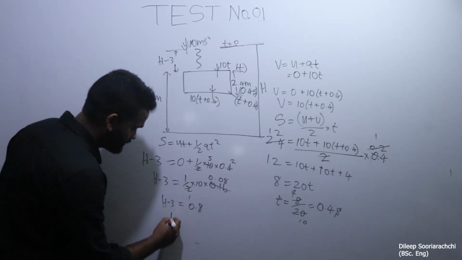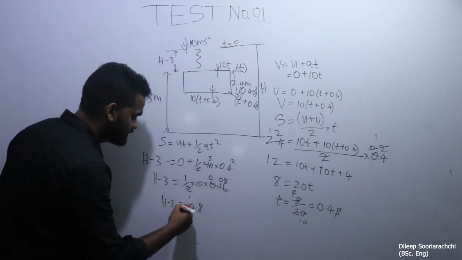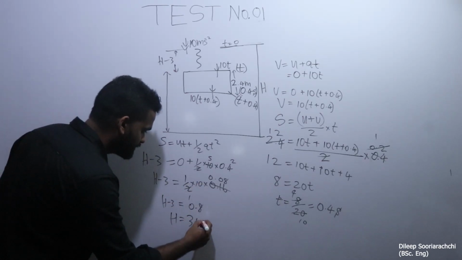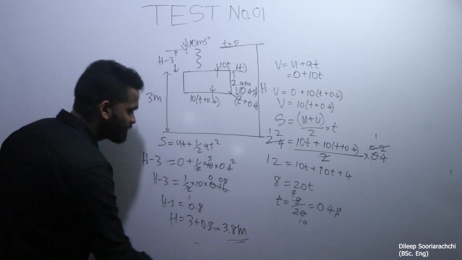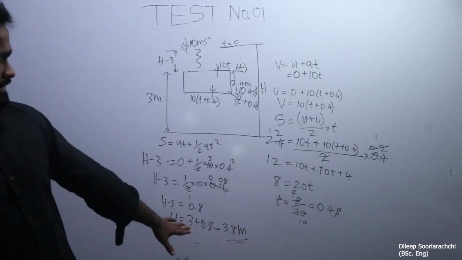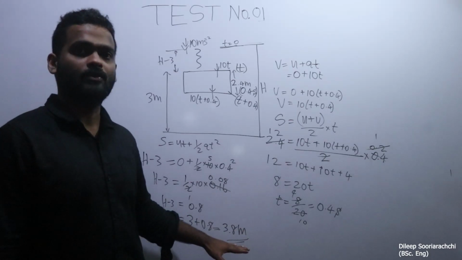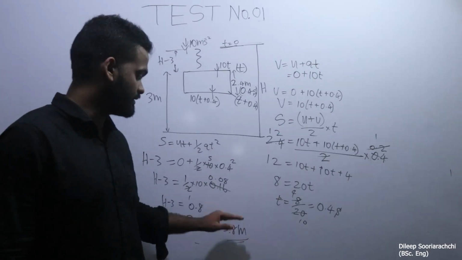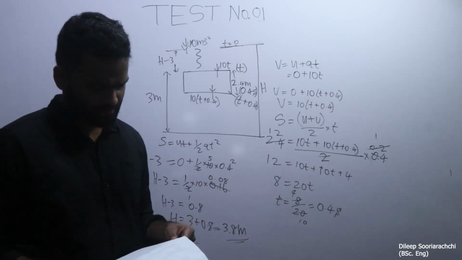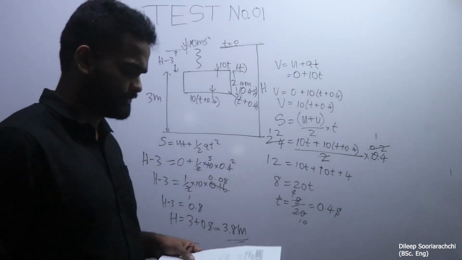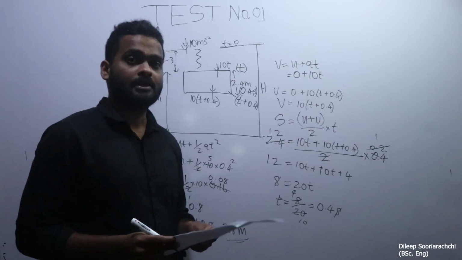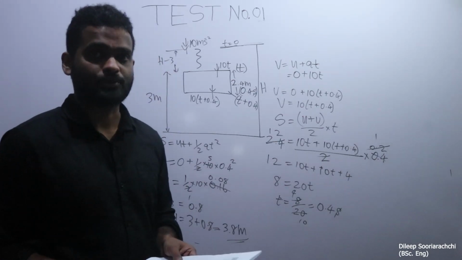Then H is equal to 3 plus 0.8, that is 3.8 meters. So this is the height of the mango tree, 3.8 meters. The answer is the first option.